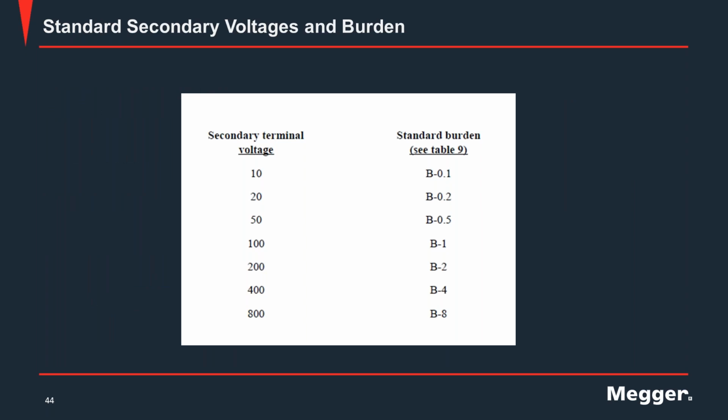These are just an example of the burden table. If you have a secondary terminal voltage of 10, then you can have a maximum burden of 0.1 ohm. And for example, if you have a class C800 CT, then that could give you up to 8 ohms of maximum burden.